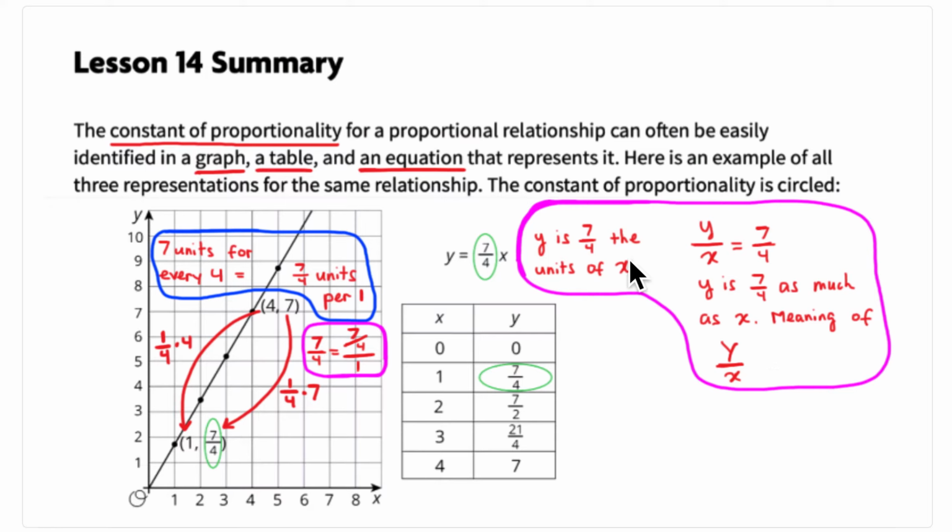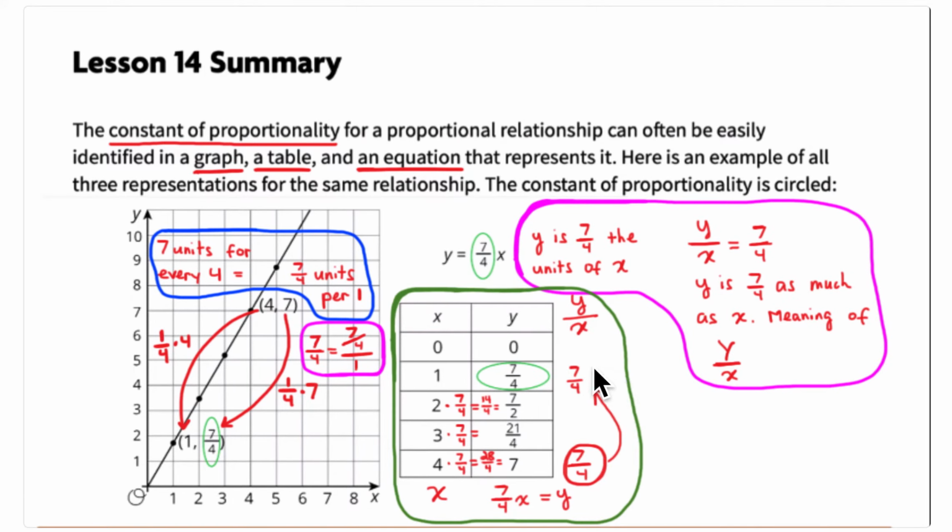That means that y is 7/4 of x. You can get 7/4 of x out of y. If you have whatever amount you have for y, how many of these units of x can you get from that? You can get 7/4 as much. So y is equal to 7/4 x.